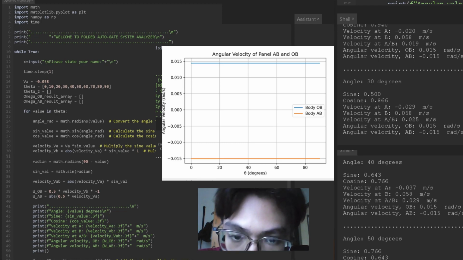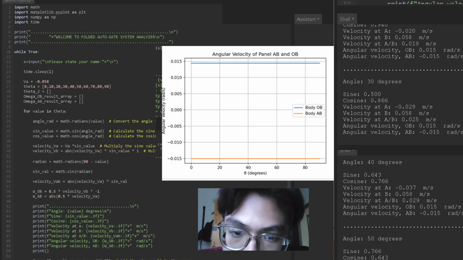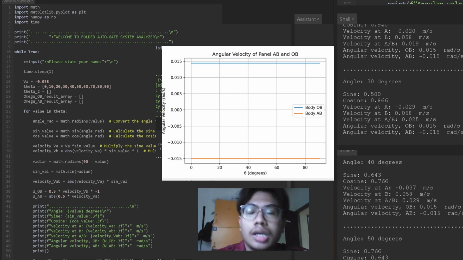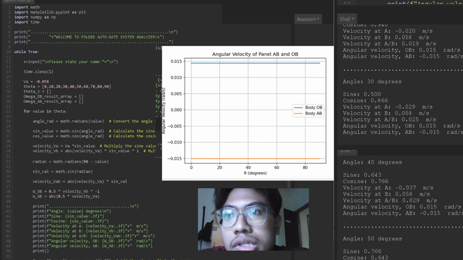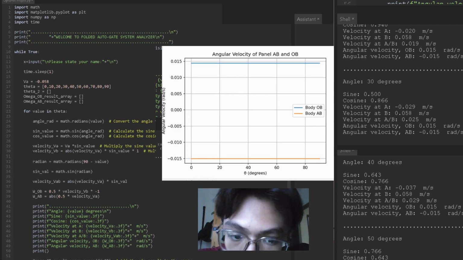The graph shows that for the body OB, which is omega OB, it is all positive. This is due to the rotation of the body being anti-clockwise. And the opposite, which is AB, the direction is clockwise, which is negative. So that's it. Thank you.